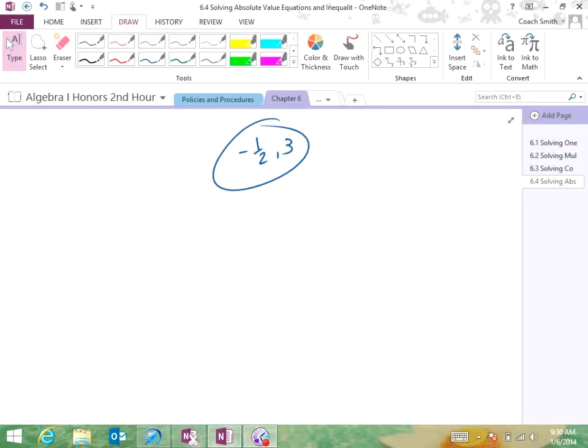Okay, now let's look at the inequalities. We've talked, that was the equation part. Now we're going to look at the inequality part.